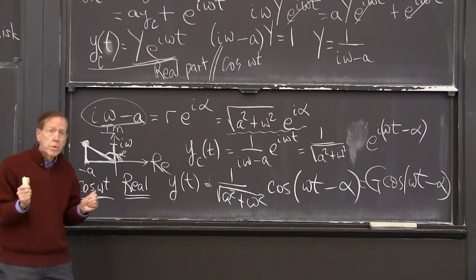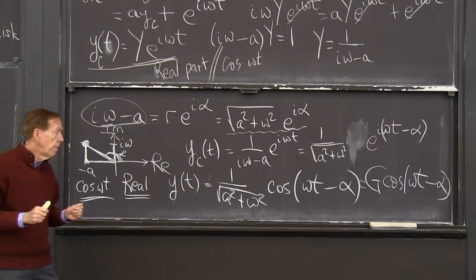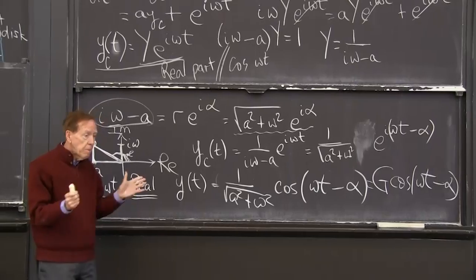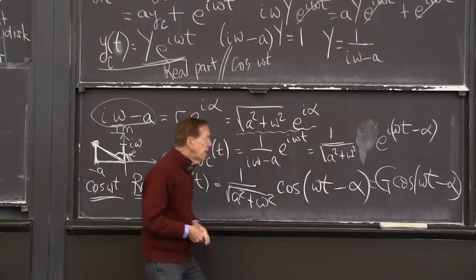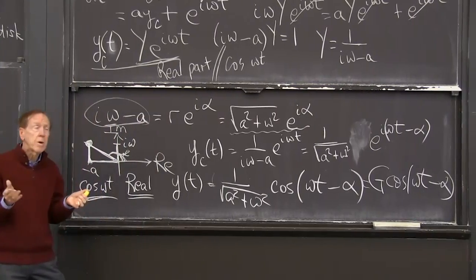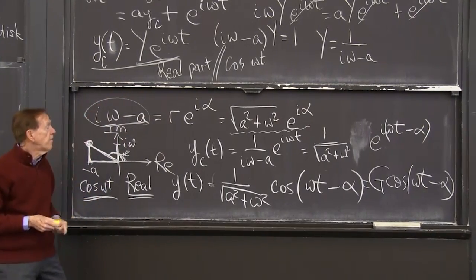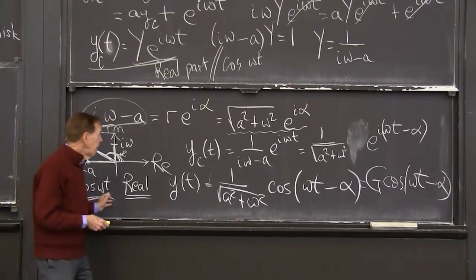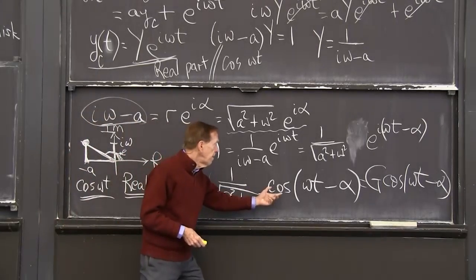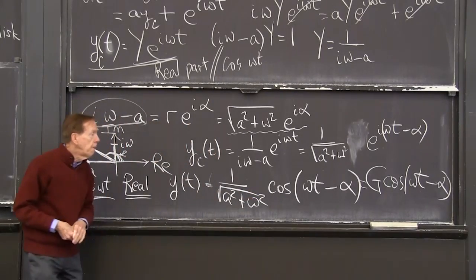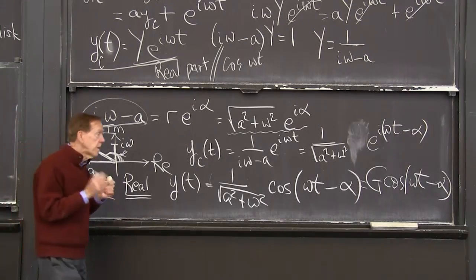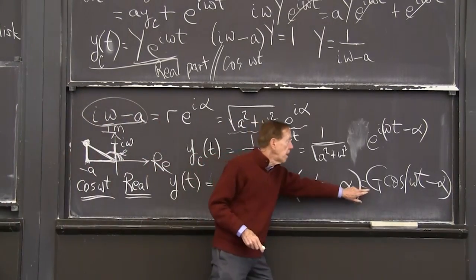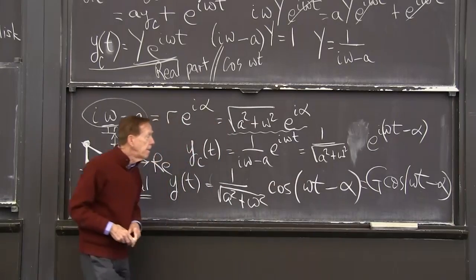So there you've used complex numbers, maybe the first time, maybe not, to get the nice form for the answer. And of course, if the input was the sine of omega t, then I would have the same thing, that would be a sine. So the physically important quantities are the gain and the phase lag.